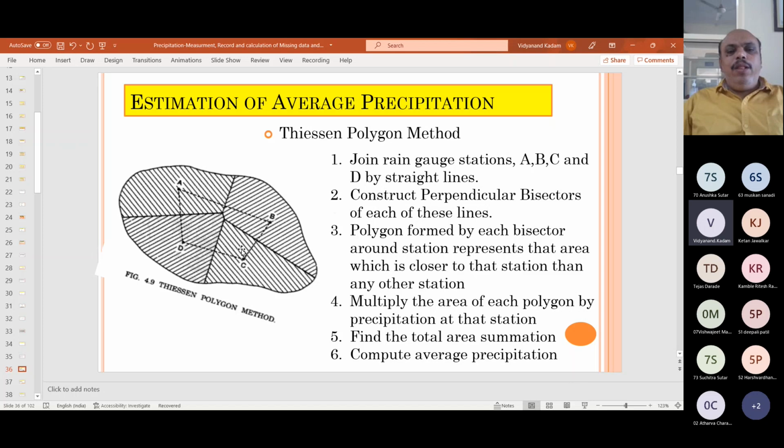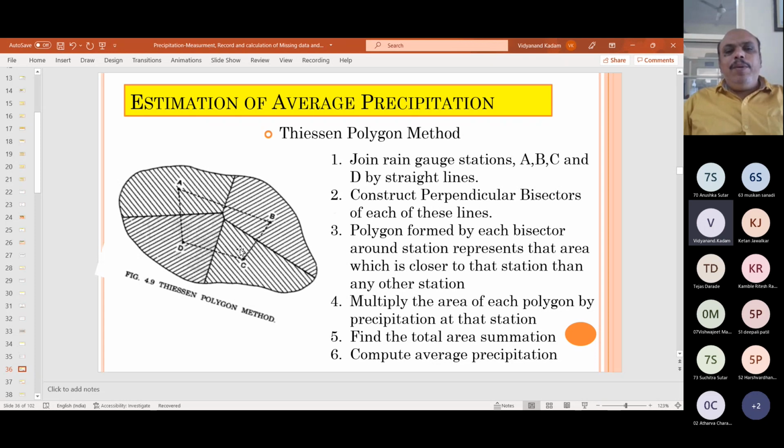For that, we have to join the rain gauge stations by straight lines, and then draw the perpendicular bisectors of the straight lines. Through these perpendicular bisectors and the boundary of the catchment area, the entire area is divided into a number of areas, and this construction is known as Thiessen's polygon or Thiessen's network.